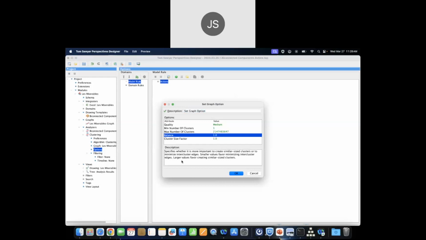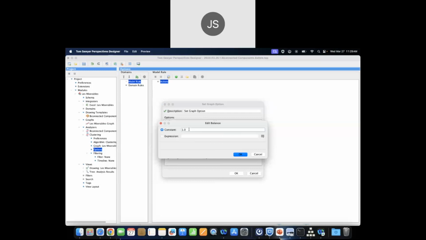What is it that we're doing? What is balance about? Well, it tells us here. Balance is about creating similar sized clusters or not. And I do want to have clusters that are pretty similarly sized. So it tells us here that larger size numbers favor creating similar size clusters. So I am going to change this 1 to a 4, and I'm going to click OK.